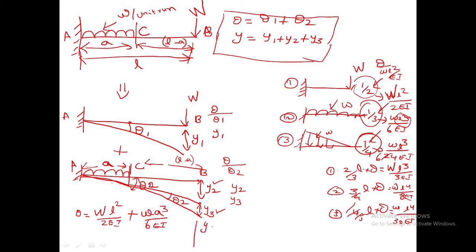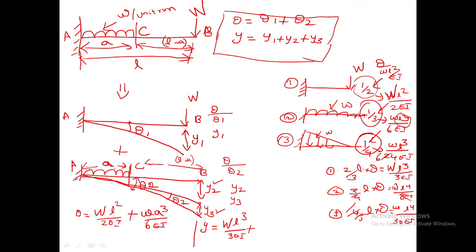For deflection, the end point load gives W L cube divided by 3 EI, plus the uniformly distributed load over only some of the distance.